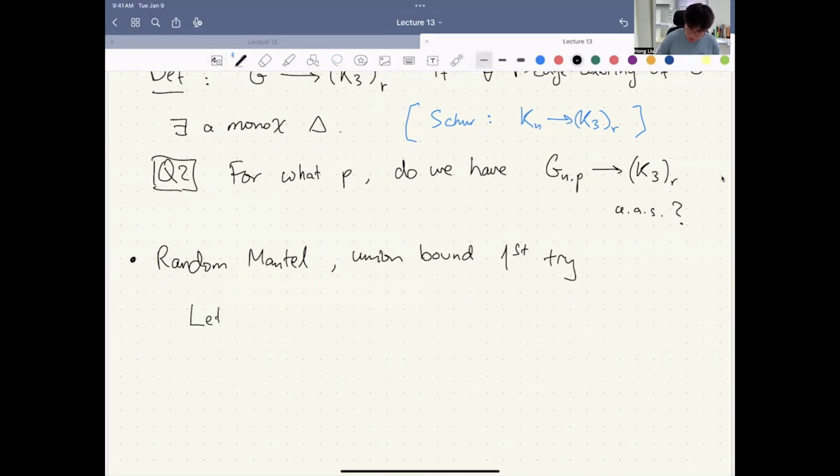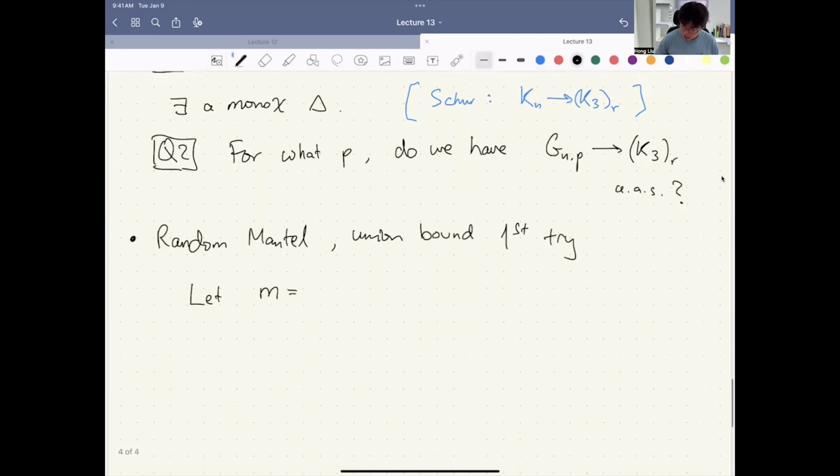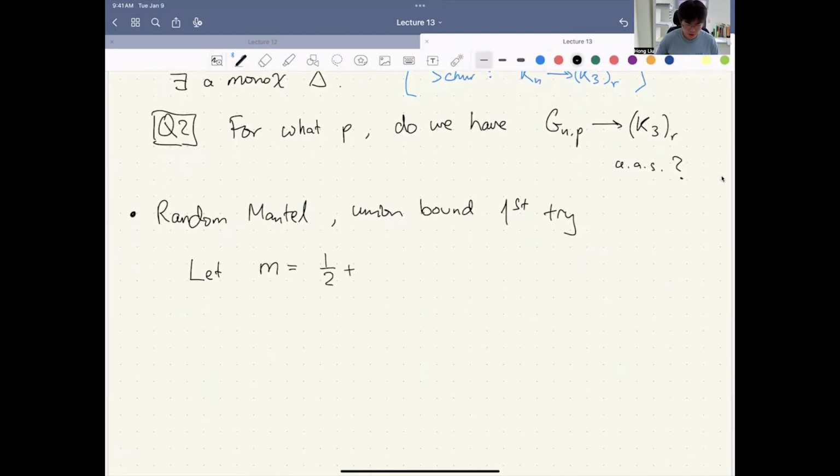So let M be the bound we want to prove, slightly above: 1/2 plus delta, times p times n choose 2.